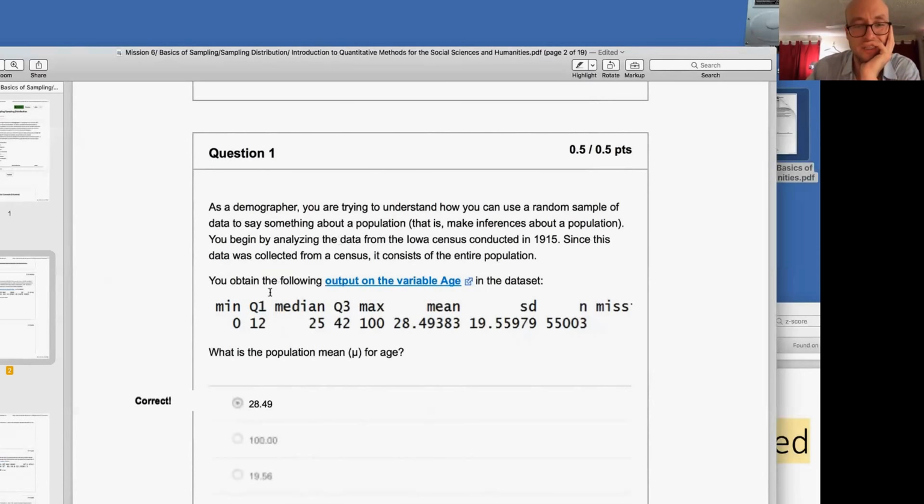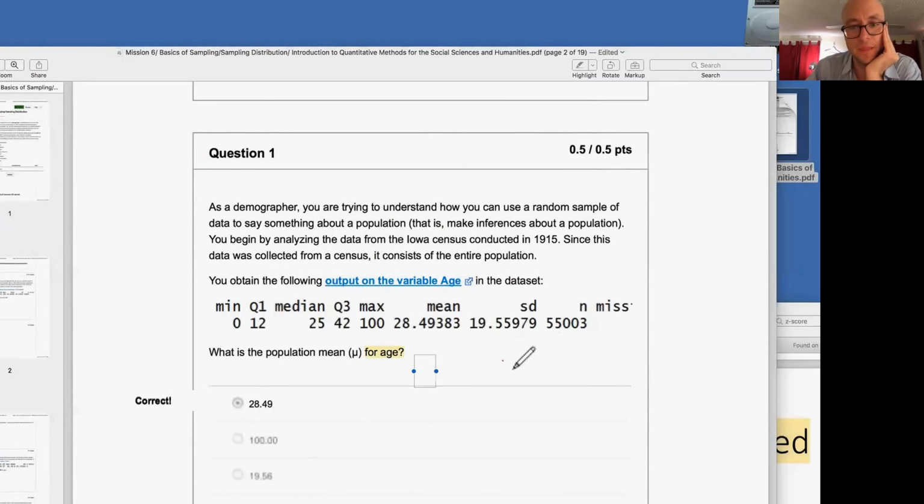You might see output such as this, which basically, because it is the census, we have descriptive statistics that we describe not as what we call an X bar, right? An X bar would be written as this.